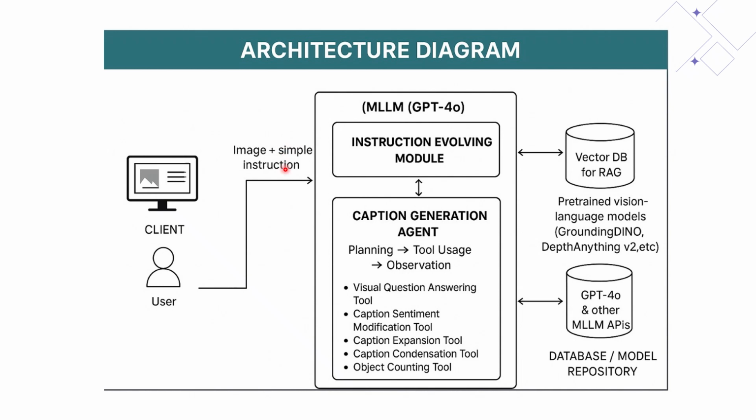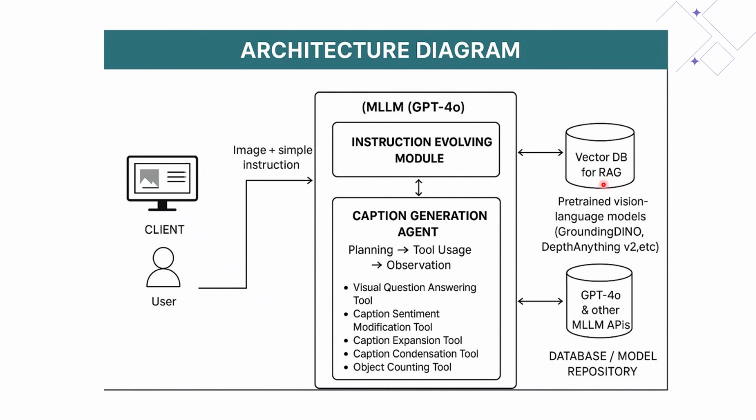Once we have all that context, we send it along with the user's original input to the MLLM or LLM like GPT-4. This model upgrades a simple instruction into a detailed professional one, including things like keywords, sentiment, format, and focus points. So that is actually the professional instruction. Then the Capagent itself comes into the picture.